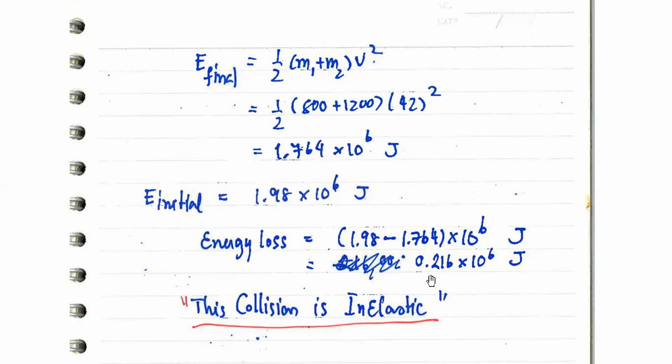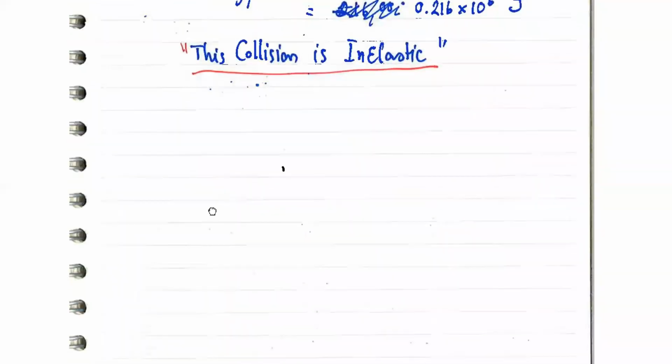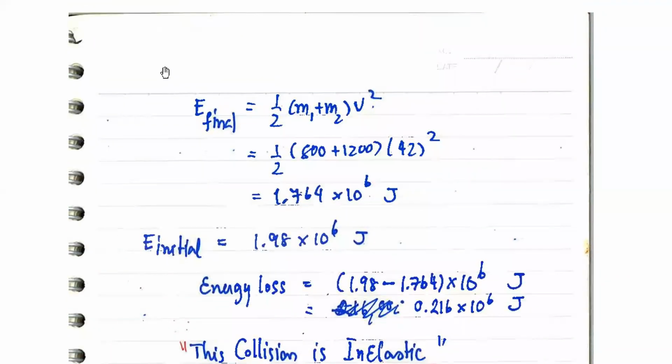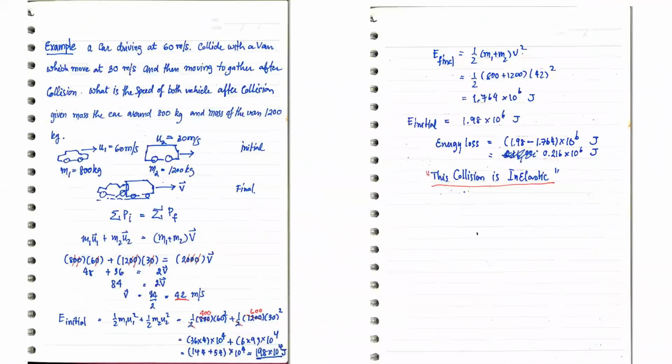And that loss is going to another form of energy, maybe sound and crumbling of the object, and that's the energy loss. And this collision is called an inelastic collision. Okay. So most collisions are inelastic, especially when you look at real life situations.